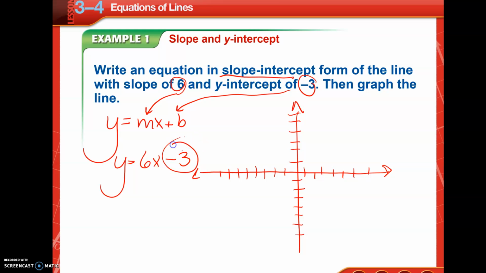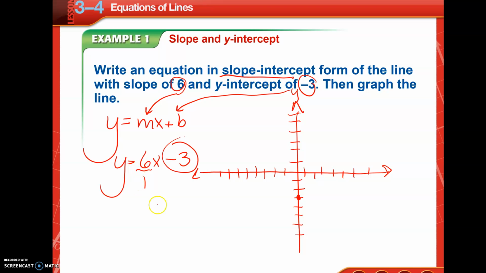So this is where I start on the y-axis. The y-axis is here, and then this is my movement. If there's not a number underneath the top number, we can put a 1 under it. The top number tells me how much I'm moving up or down, and the bottom number tells me how much I'm moving left or right.